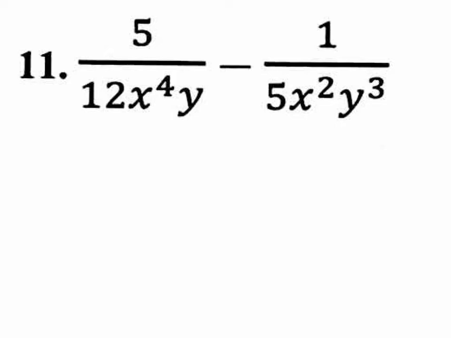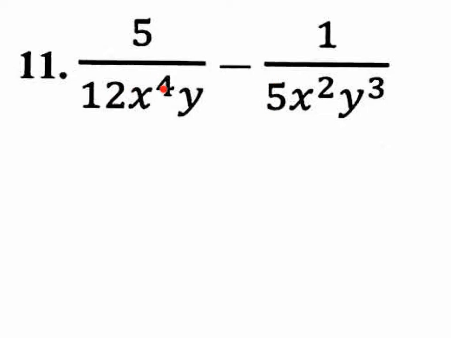So the 12, you could break it down to 4 times 3, or even 2 times 2 times 3. But the 5, you can't break it down at all to a 4, a 3, or a 2. So it's kind of pointless to factor the 12 because the 5 can't even be factored. So we're just going to leave it as 12, leave it as 5.